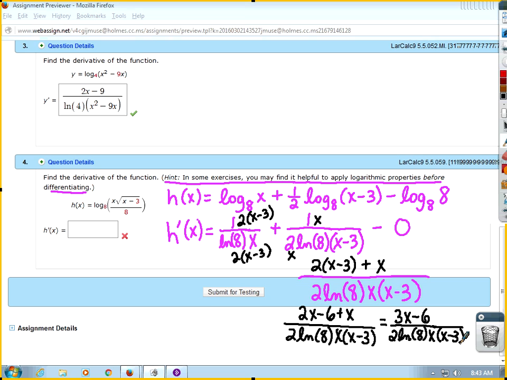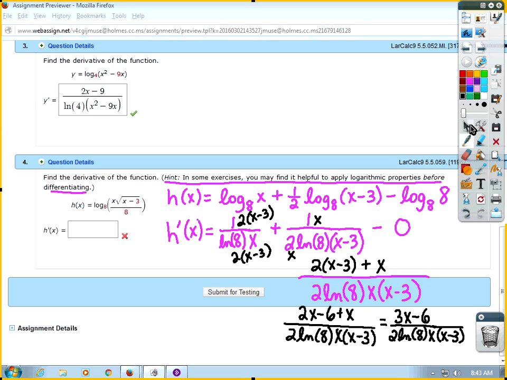Okay, now even though we could factor out our GCF in the numerator, which would be 3, I don't think it's going to help cancel anything because that would give you x minus 2. So I think that's all we need to do for our answer. So let's put it in and see if that is correct.